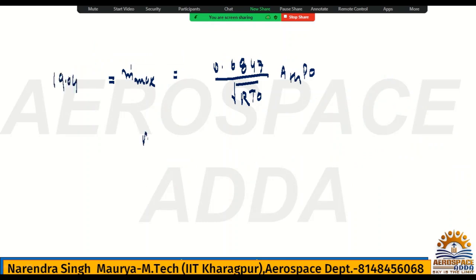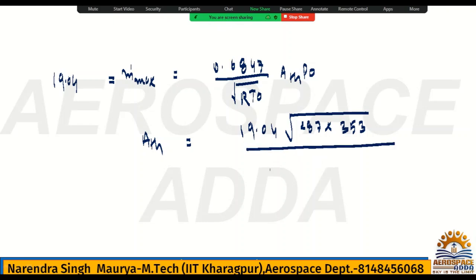So we get A throat as 19.04 into root of R T naught, where R is 287 and T naught was 353, divided by 0.6847 into P naught. P naught was 10 bar, and 1 bar means 101.325 kilopascals.